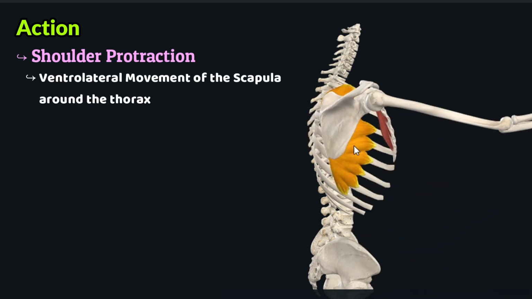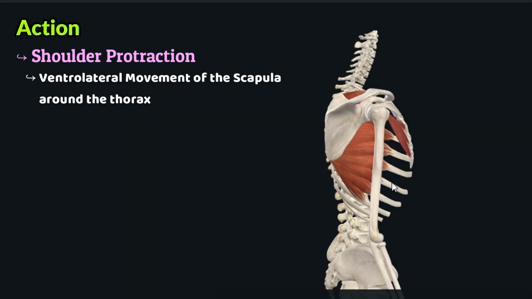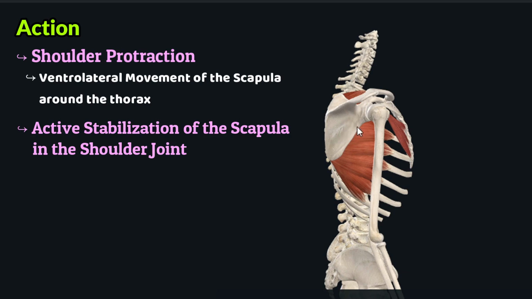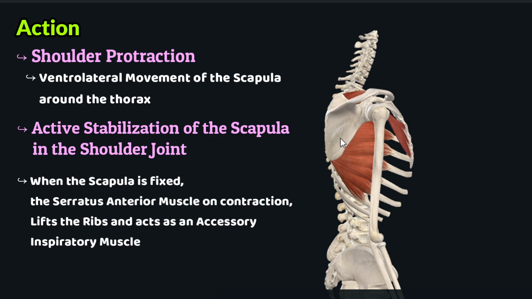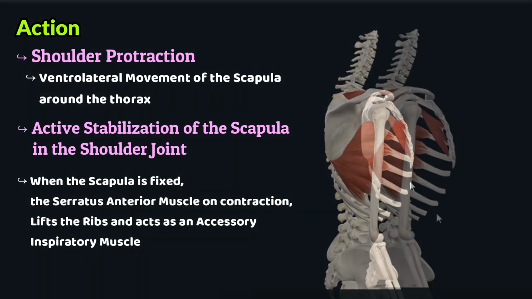Another action is the active stabilization of the scapula in the shoulder joint. When the scapula is fixed, the serratus anterior on contraction lifts the ribs, and thus acts as an accessory inspiratory muscle.